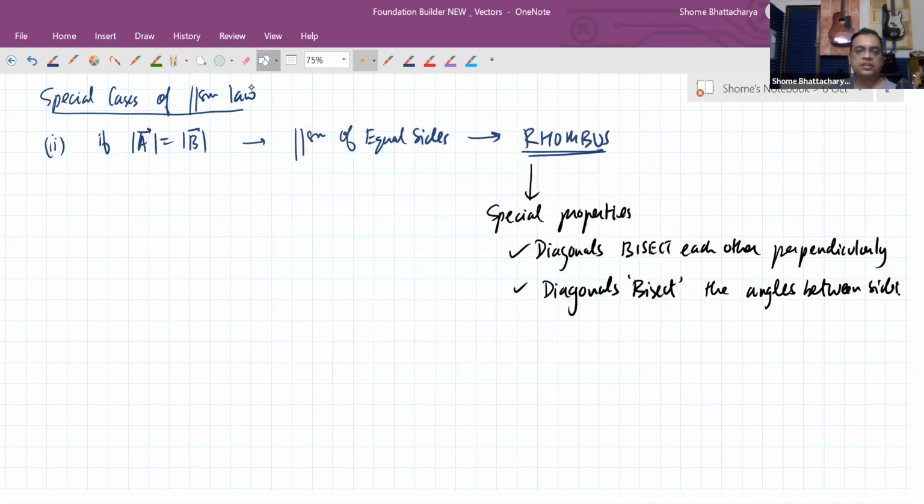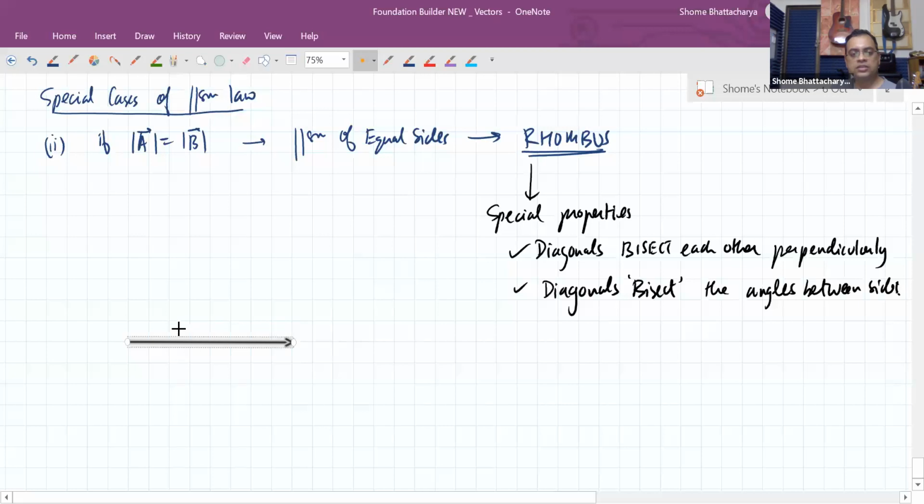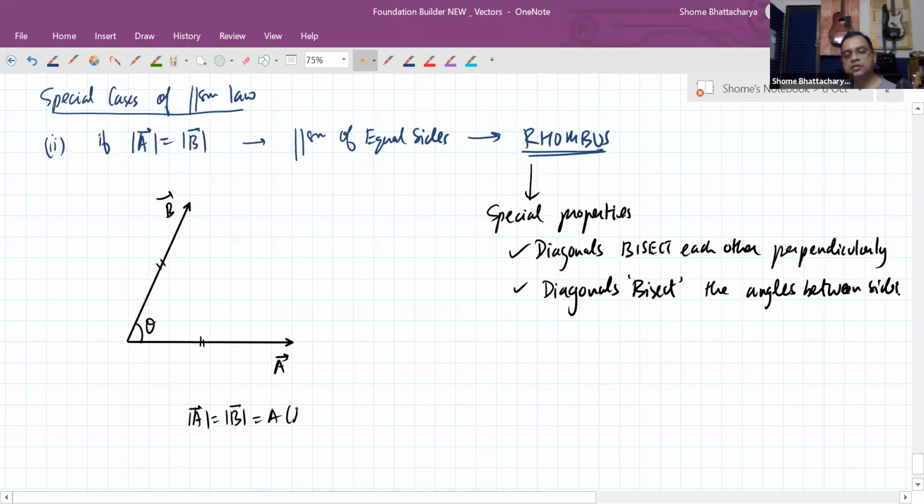What this says is that the moment the two vectors we are using to construct the parallelogram are of equal side length or equal magnitude, okay, so this is the vector A and this is the vector B. Now this is equal to this. Magnitude of A is equal to magnitude of B, which is, let us say, A.